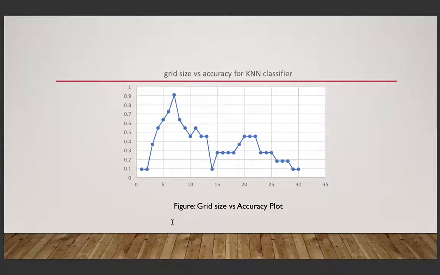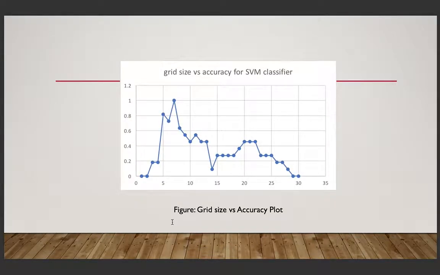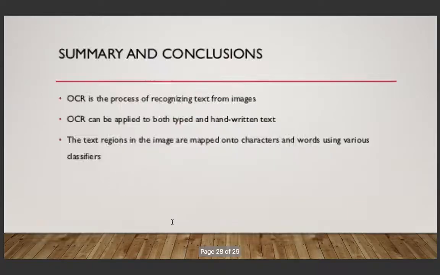But somewhere near a grid size of 7, the accuracy tends to reach towards 1. We have noticed the same for the SVM classifier, and it would be safe to conclude that somewhere around a grid value of 7, we get an optimal feature set for any of the classifiers.